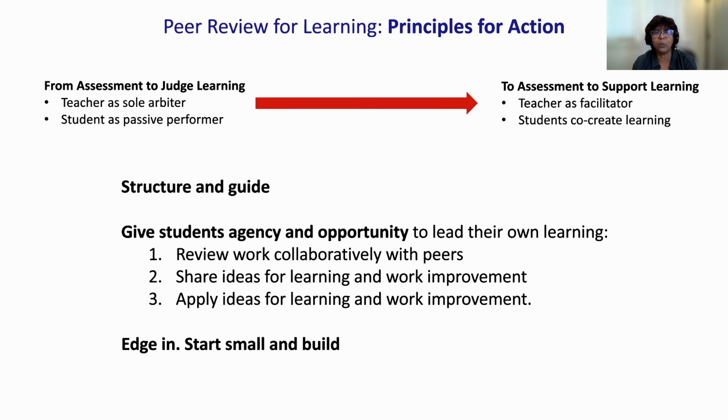If you walk away with these 3 principles, structure and guidance, critical, really, really critical. Give students agency and opportunity to lead their learning. So the collaborative space and the sharing of strategy is very powerful. It also is a huge motivator when students start working with each other and helping each other.